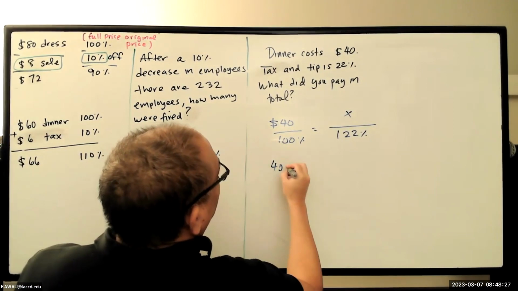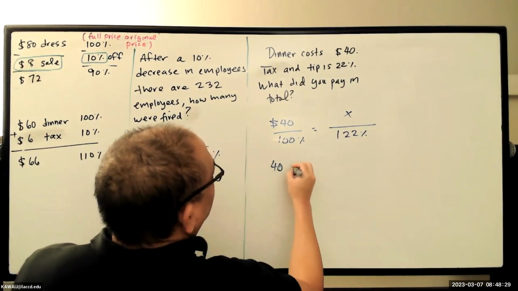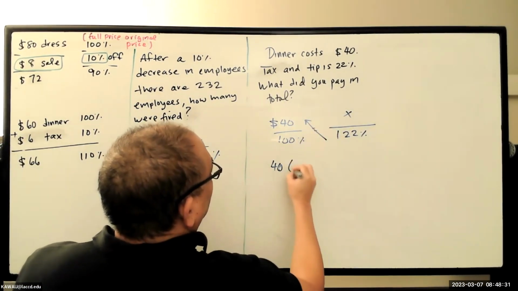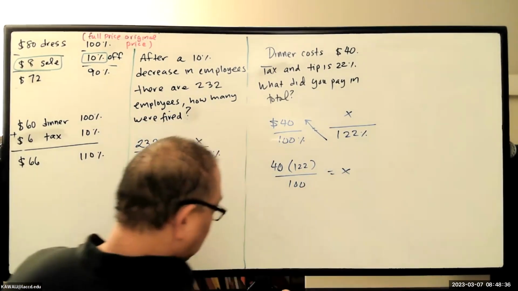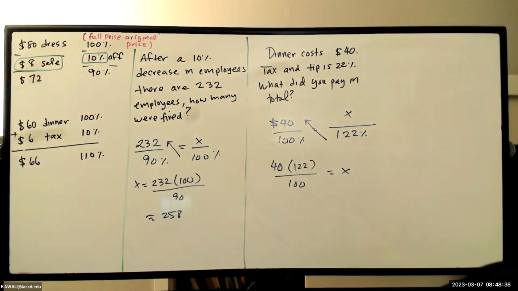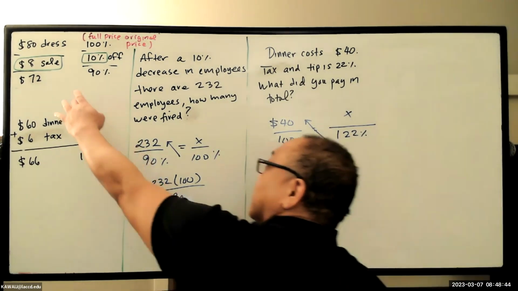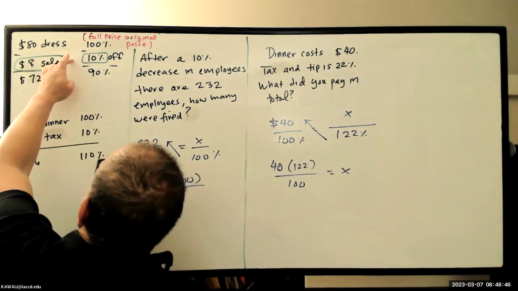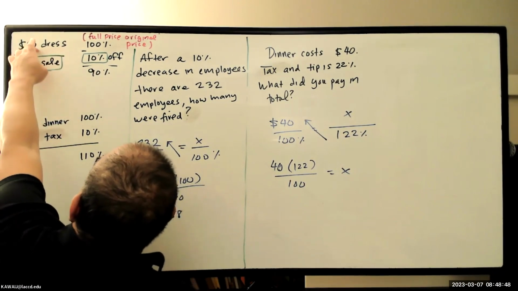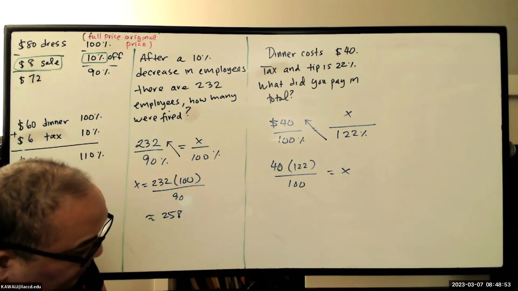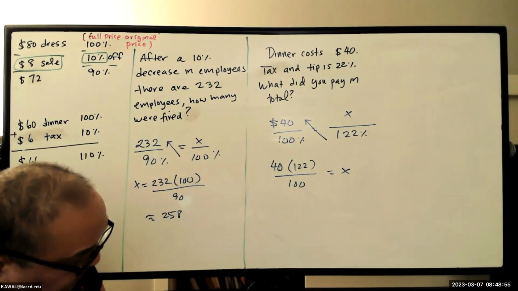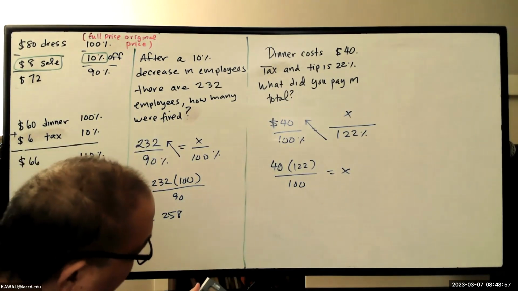So it's 40 times 122 divided by 100 is equal to X. So you can see that this will work for every case. There's no, if they ask you for this number, use this formula. If they ask you for this number, use this formula. The nice thing about this is that you attack these problems exactly the same way, regardless of what numbers they give you.